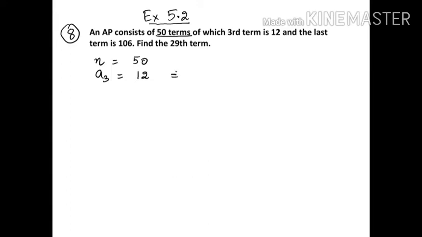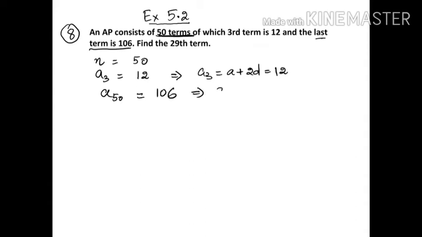But a3 is written as a + 2d, which is equal to 12. The last term is 106. Since there are 50 terms in this AP, the last term will be a50, and that is equal to 106.